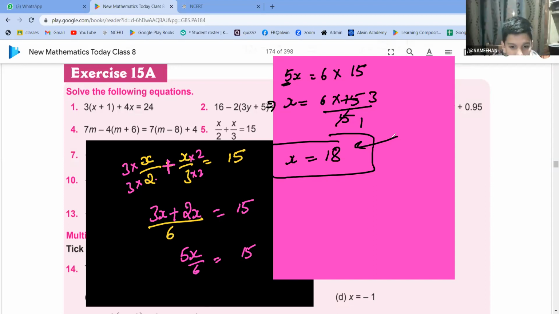Ma'am, can you show the 6th part? I think it is only the subtraction where you went wrong, beta. Ma'am, where? Ma'am, can you show the sixth question? Yes, beta.